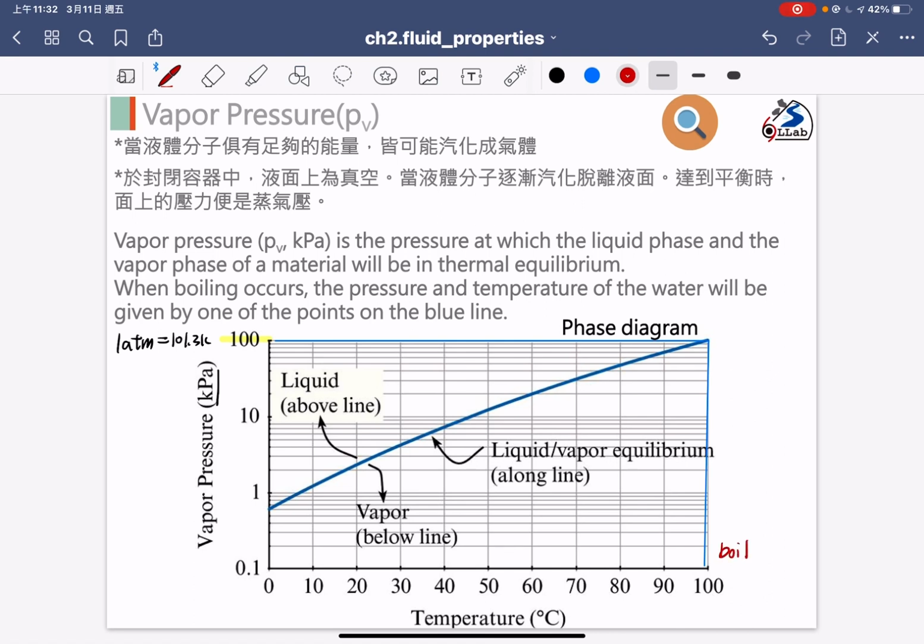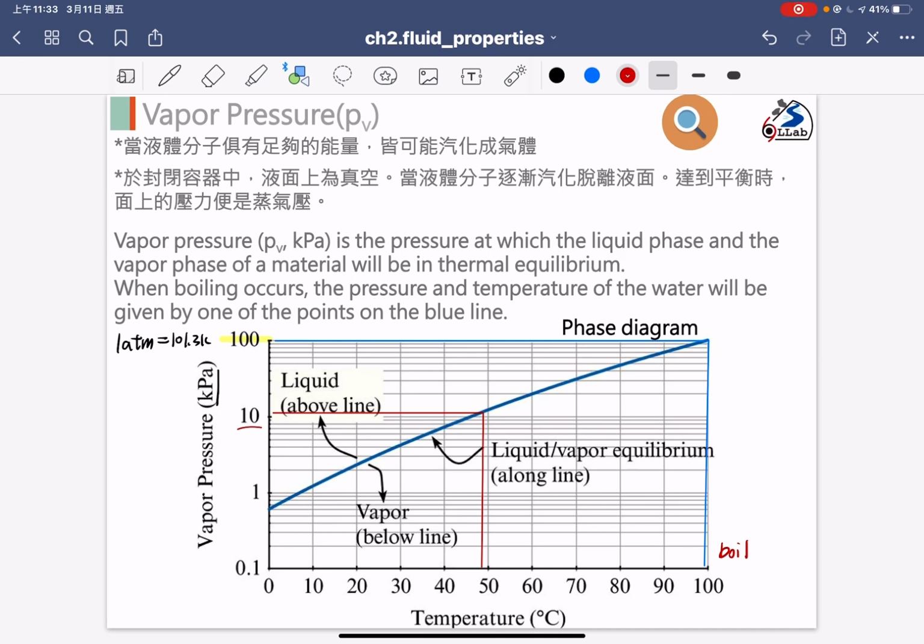Sometimes we go hiking and the elevation changes to be high, so the environment pressure will decrease. So we draw another line, maybe decreasing to 10 kilopascals, and at 10 kilopascals, based on the phase diagram line, maybe we only have a 50 degree boil temperature.